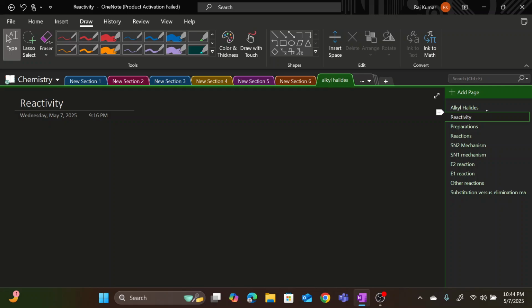So let's move on to reactivity. When we discuss the reactivity of alkyl halides, we consider two factors. Number one is bond energy, the energy that is required to break or form a bond. Consider alkyl fluoride, for example.